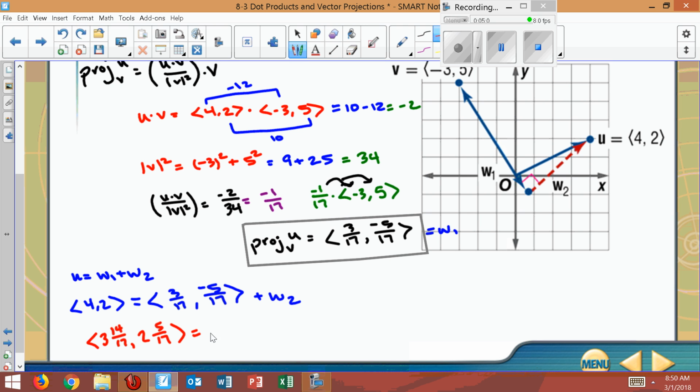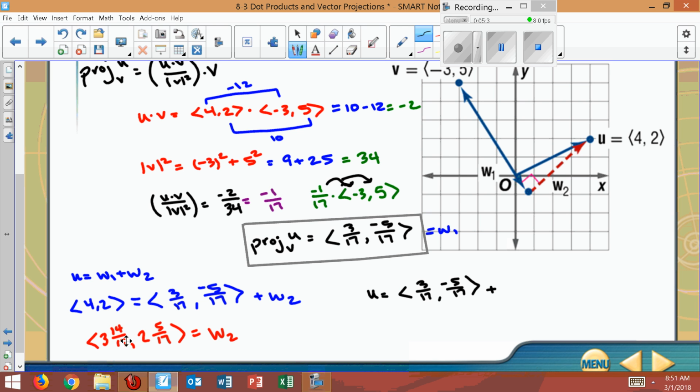That would be equal to W2. When I subtracted these over, this would become a negative, this would become a positive. That's why I added this one and subtracted from this one. And now we could write our answer. U would equal W1, which we already found, which is 3/17, comma, -5/17, and then plus W2, which we just found here.